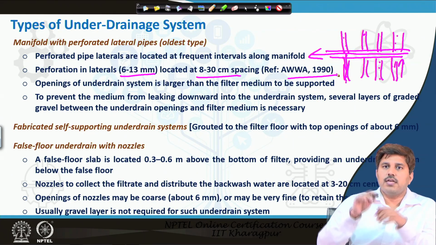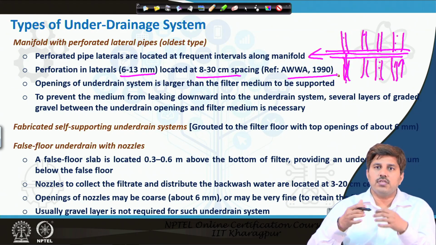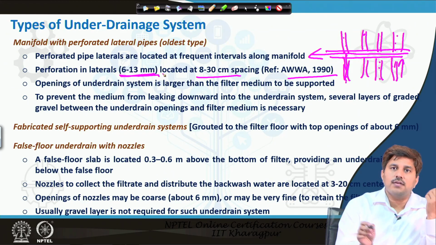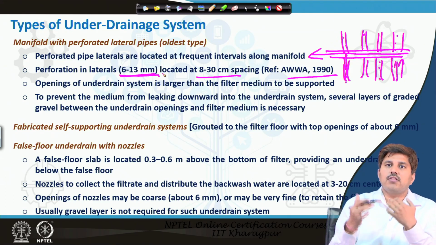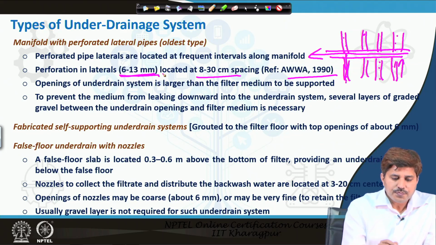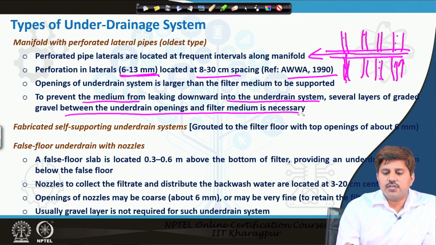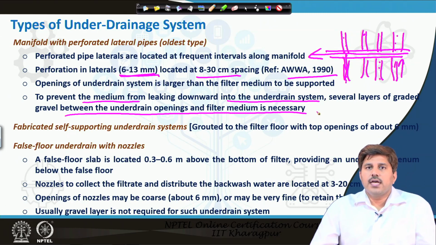This is interesting: the filter sand sizes we are using are smaller, less than 1 mm, and the openings are much larger, but still, because of the gravel layer and all that packing, we do not get the filter sand washed out. This prevents the medium from leaking downward into the under drainage system. Several layers of graded gravel between the under drainage opening and the filter medium are necessary, as we were just discussing.